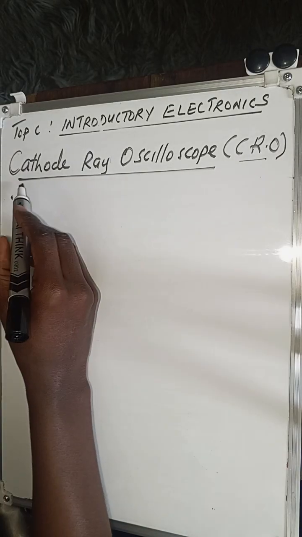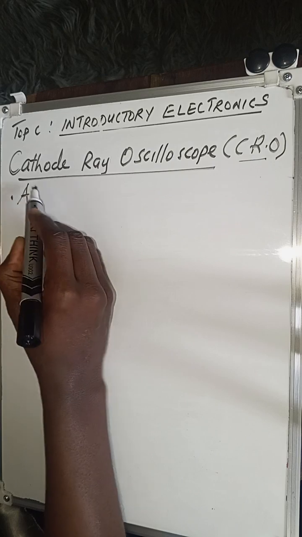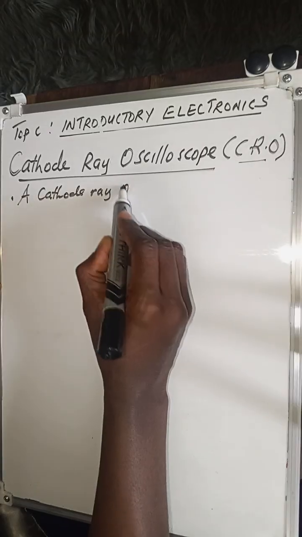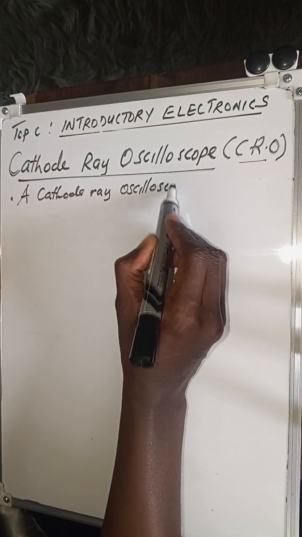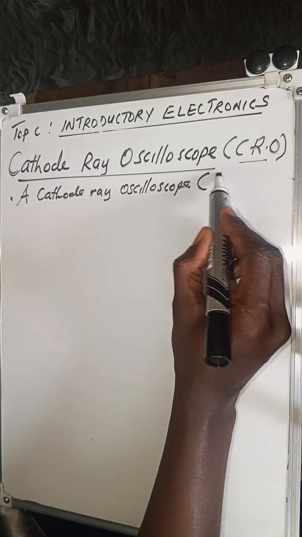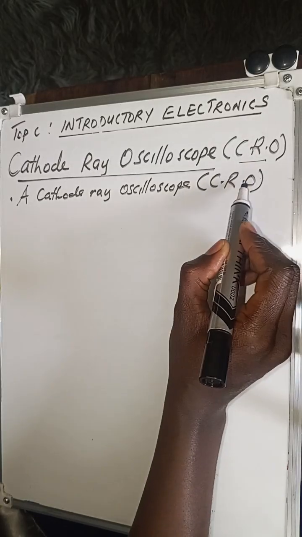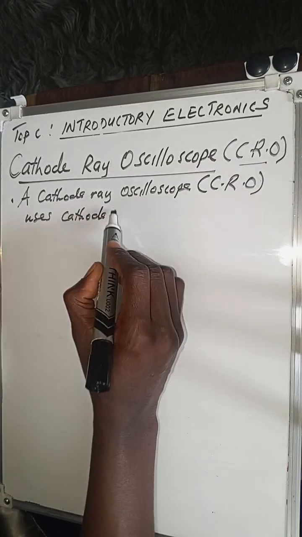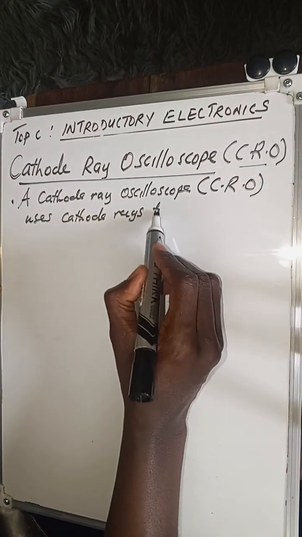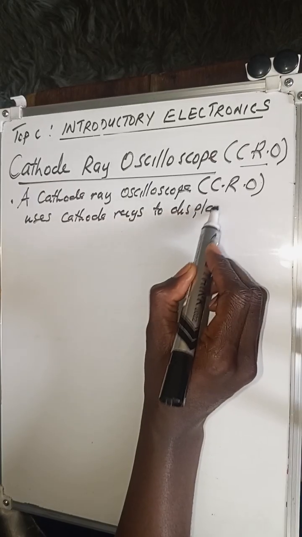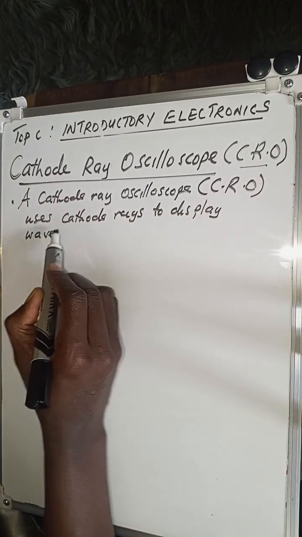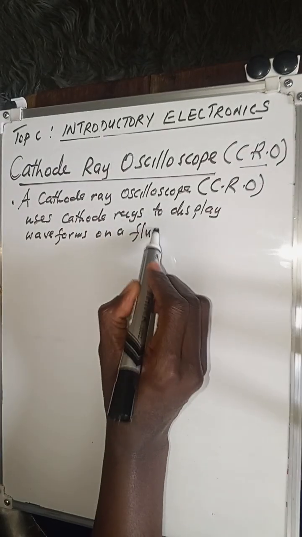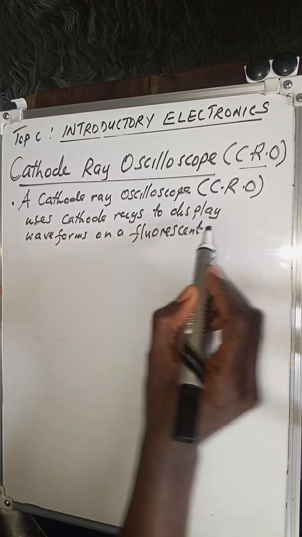on a fluorescent screen. So a cathode ray oscilloscope, that is a CRO, I'll be using that word more often, uses cathode rays to display waveforms on a fluorescent screen.